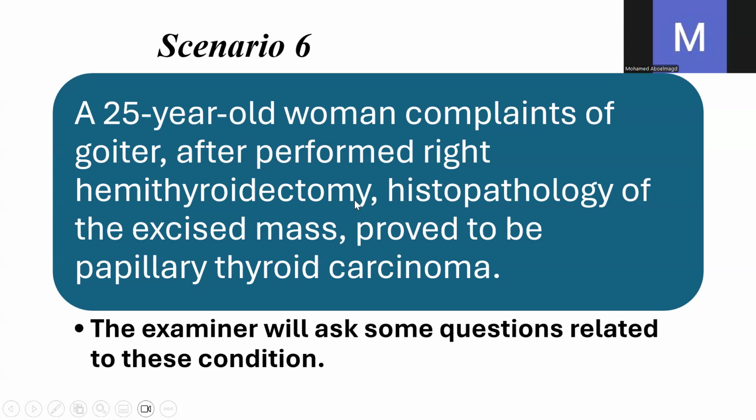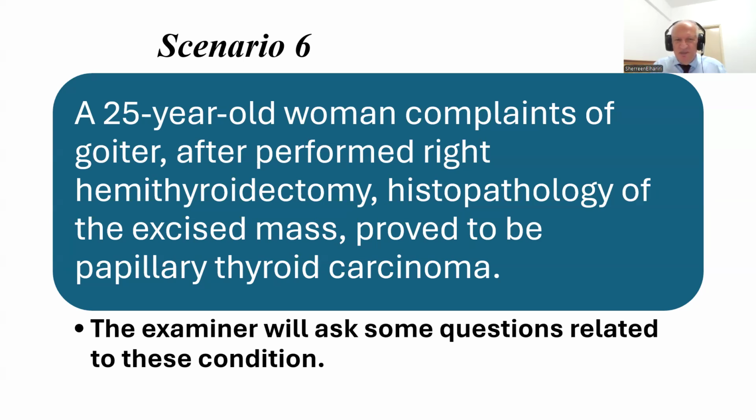Suppose this patient had follicular thyroid carcinoma: hemithyroidectomy is enough, followed by radioactive iodine. But in papillary thyroid carcinoma, it's better to have completion thyroidectomy, so you need to remove the normal left part.